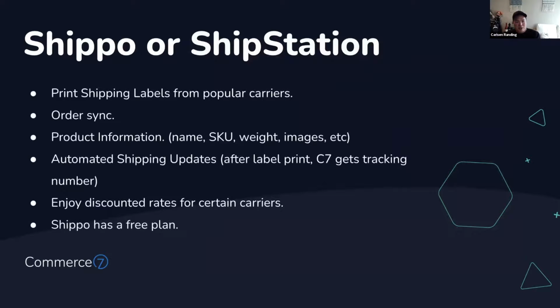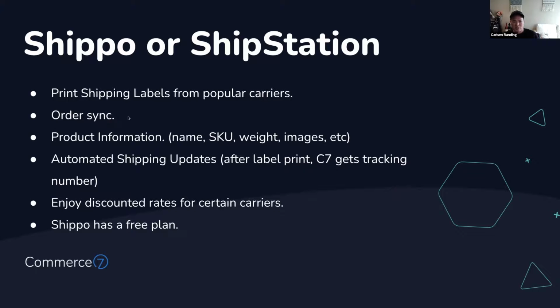Fourth one I want to talk about is Shippo or ShipStation. So very similar to Klaviyo and MailChimp, who both kind of have similar functionalities. Shippo and ShipStation are generally ways for wineries to generate shipping labels easily. So they print shipping labels from popular carriers, and both have the ability to do that.